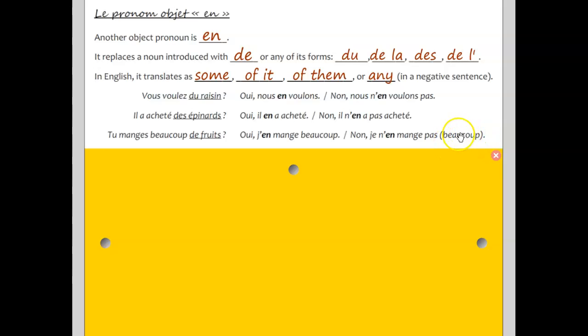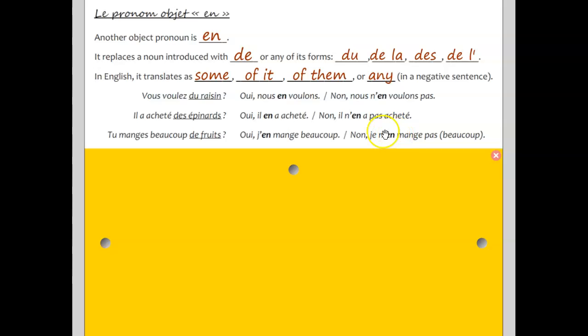Now, notice whether or not we keep the beaucoup here kind of changes the meaning. If we pretend that beaucoup doesn't exist, our sentence just ends here after pas. Non, je n'en mange pas would translate as no, I don't eat any. If we keep the beaucoup in the sentence and we have non, je n'en mange pas beaucoup, then that sentence means no, I don't eat a lot of them.